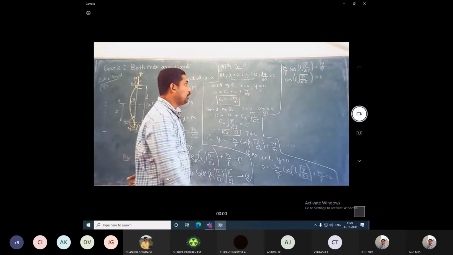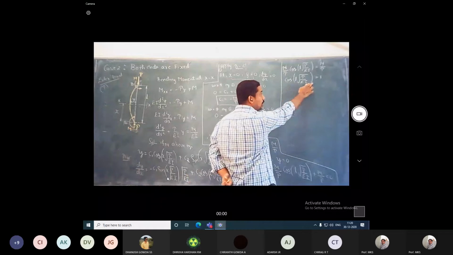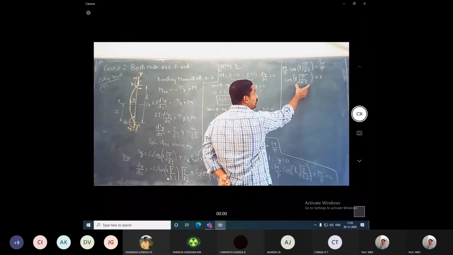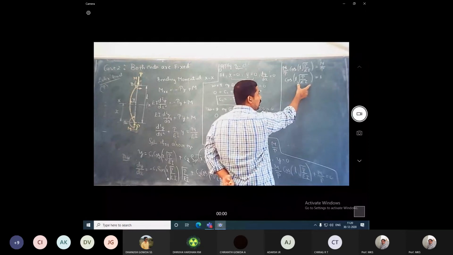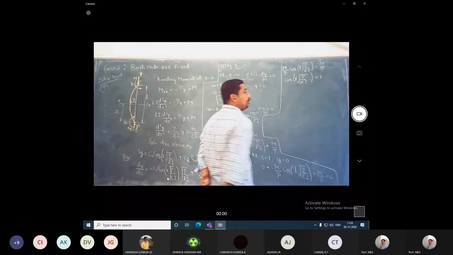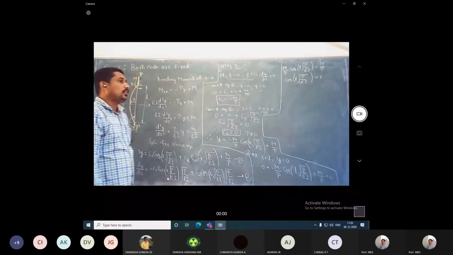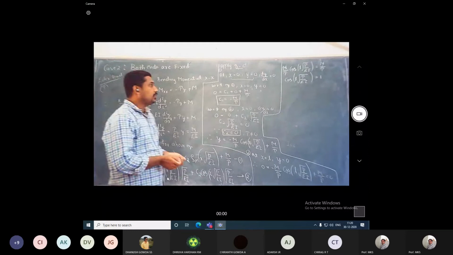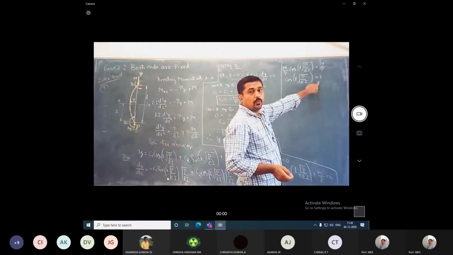If you take this as a theta term, when this theta value becomes what, cos theta will be 1? It will be cos 0, right? Or cos 2 pi or cos 4 pi. I will get this value as 1.